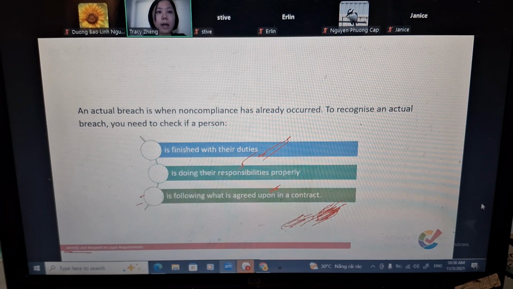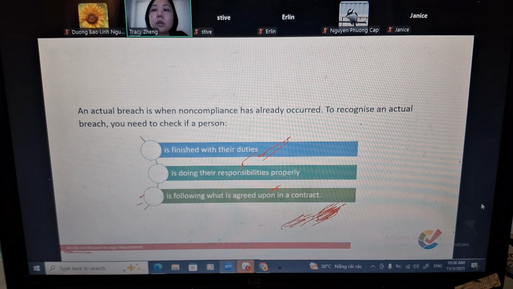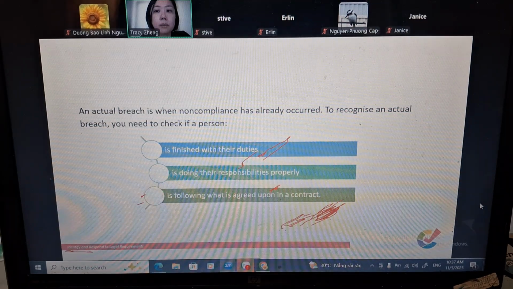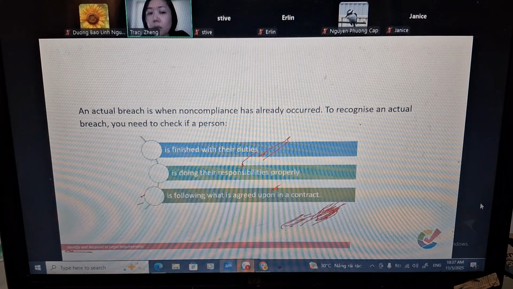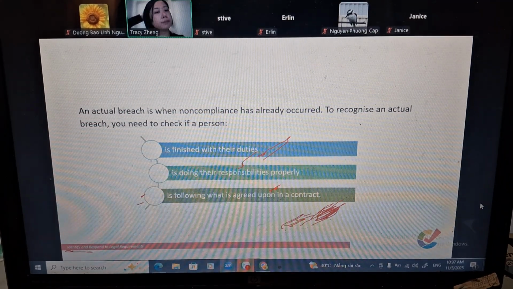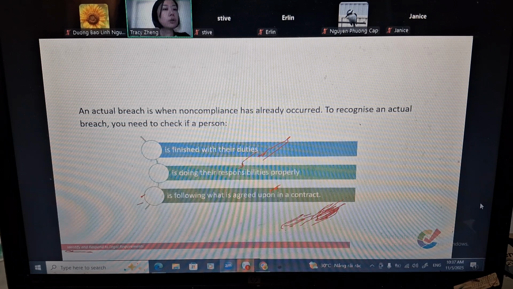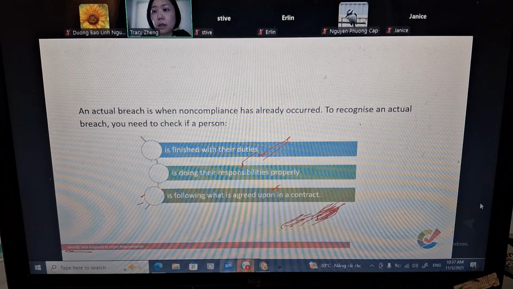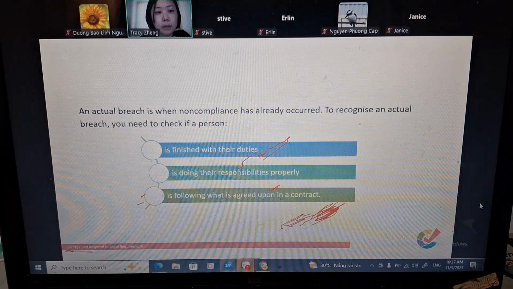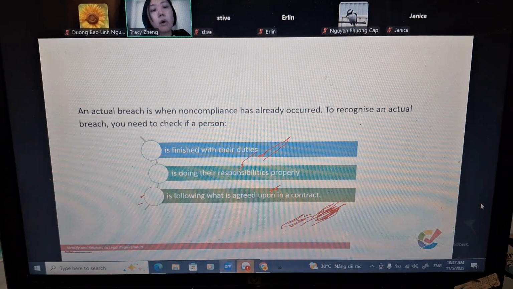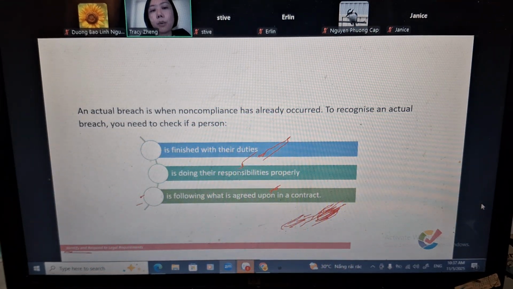And the actual breach is when non-compliance has already occurred, right? If that has already happened, then that is an actual breach. So for sure, you must report it to your supervisor, and also check whether the person has finished their duty. Has the staff fully completed their duty, is doing their responsibility properly, or is following what was agreed upon in a contract?